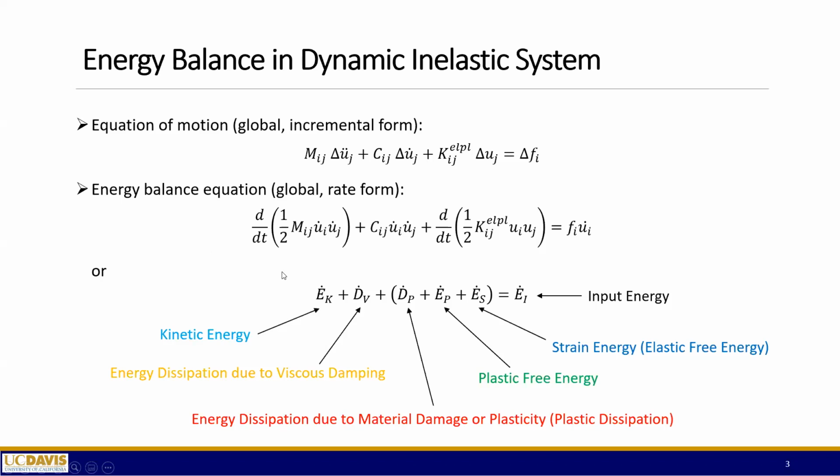Here we have all the energy terms that we need to calculate for a dynamic inelastic system: the kinetic energy, the energy dissipation due to viscous damping, and these three together called material work, plastic dissipation, plastic free energy, and the strain energy. So today we're going to talk about how we calculate each of these terms for a structural element, specifically a beam element.